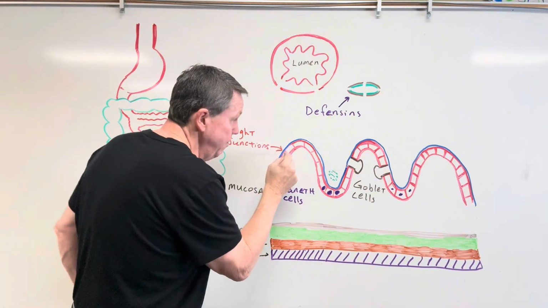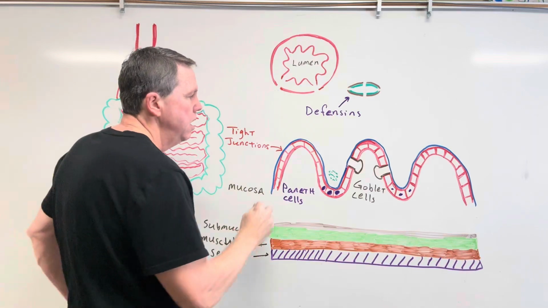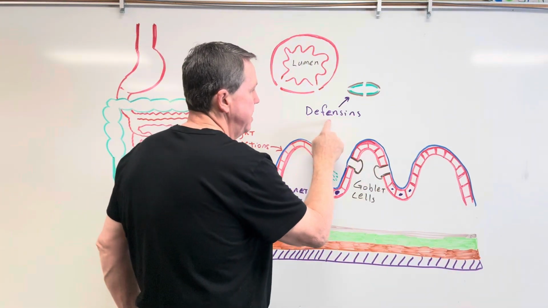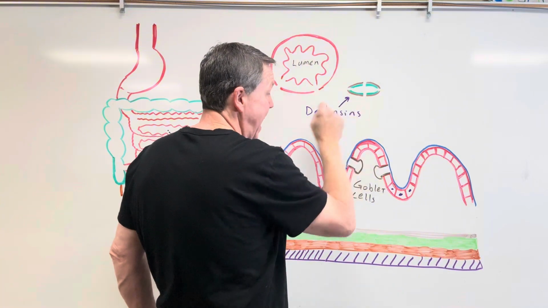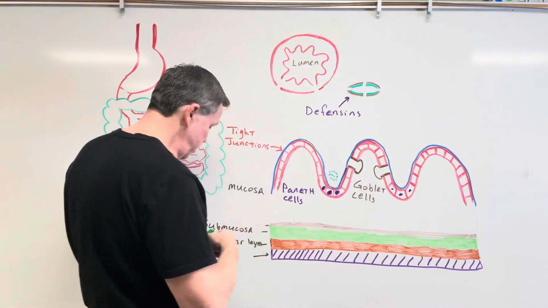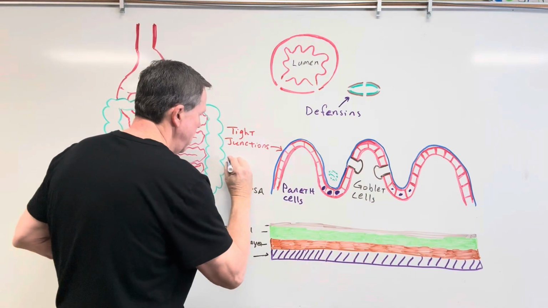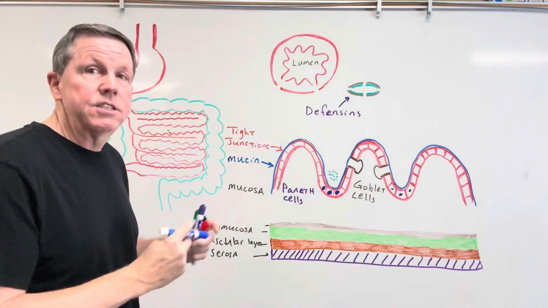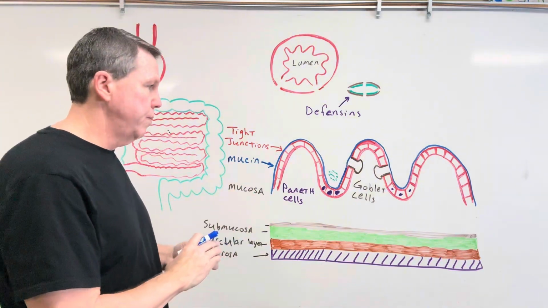Like I said, they're really, really tight together. They're slammed together, right? So that keeps microbes from squeezing through there. We have the Paneth cells releasing defensins, which is going to basically stab the microbes that are there. And then we have the goblet cells secreting mucin. All right, so here's my mucin right here. You have the goblet cells secreting mucin. So that's three ways that NOD2 is going to protect us.